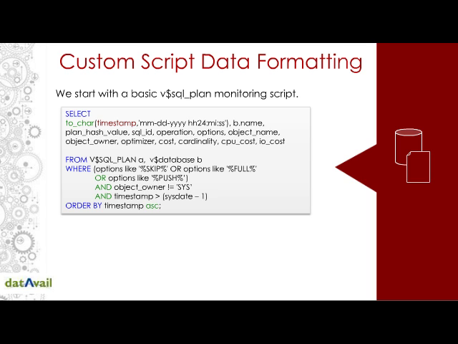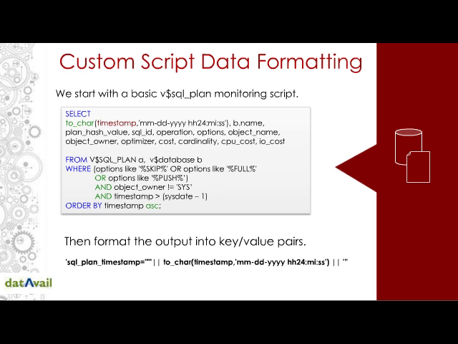So we're looking for things like skip scans, full table scans, push predicates, other things that might or might not be problems, but we want to look and see what's happening, and we want to monitor for those things just in case we want to go back and take a look at the execution of the SQL, maybe the SQL execution plan itself. So we take this basic script and we begin to format the output into key value pairs.